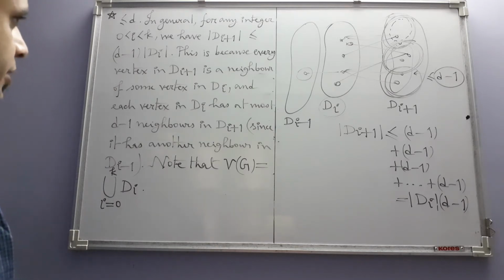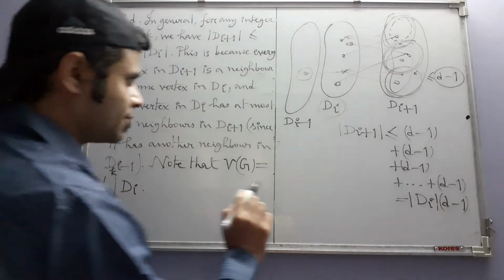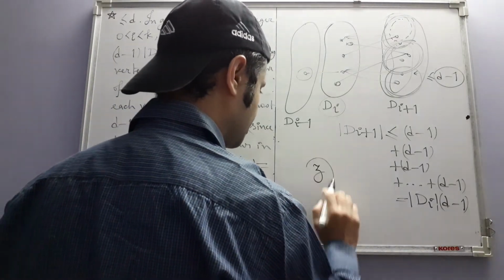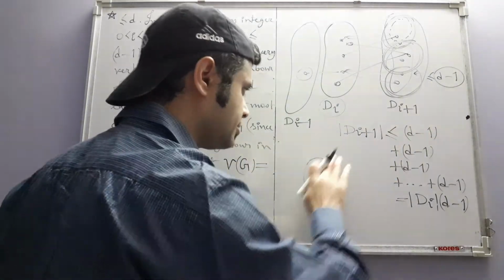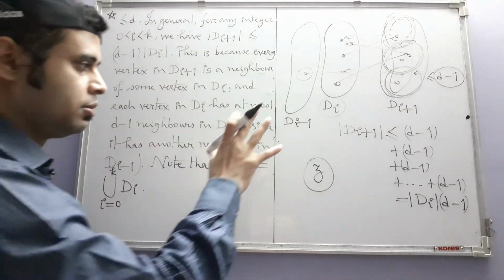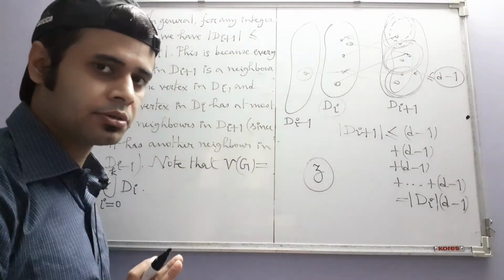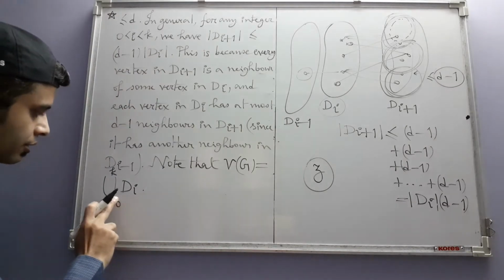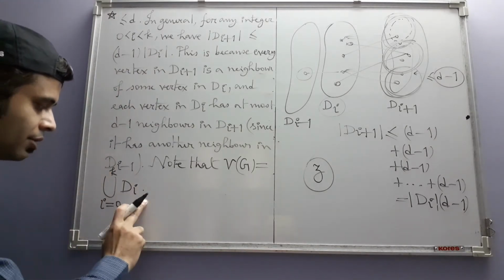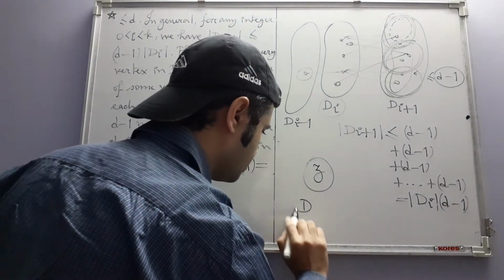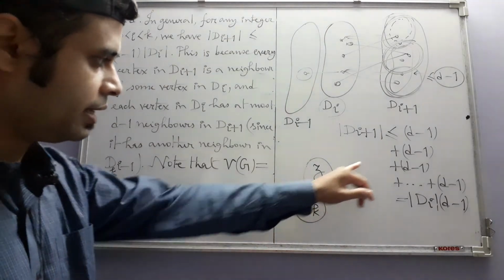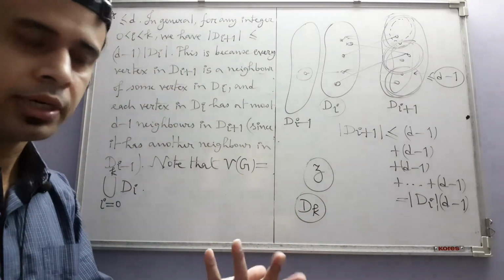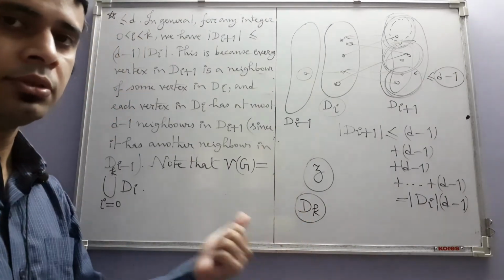K is the maximum possible value of the radius. Because we are considering our distances from the vertex Z, from the central vertex, the maximum possible distance is equal to the radius, whose value itself is less than or equal to k.